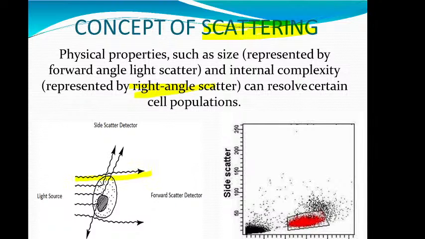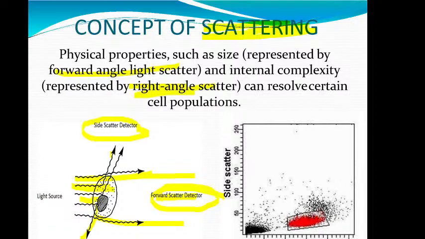When the beam of light is put on this cell, some rays will pass as such, which is known as forward. These forward rays will be detected by the forward scatter detector, and some rays will touch the cell and move to the sides. These rays will be detected by the side scatter detector. So we have two types of detector. Physical properties like the size of the cell can be detected by forward scatter, and internal complexity can be determined by the right angle scatter.